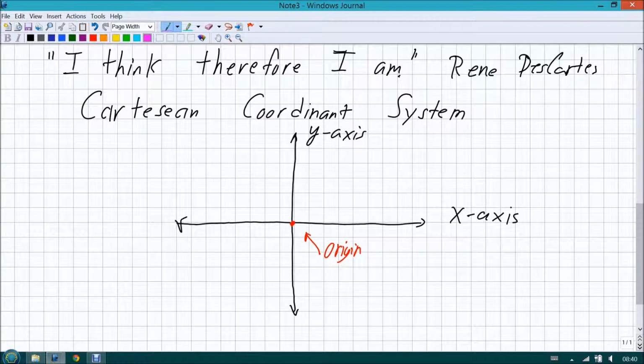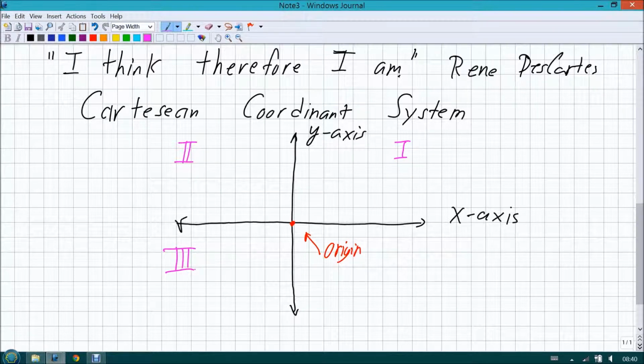Kind of like in Star Trek, how you would have things like the Alpha Quadrant, etc. Well, so too do we have quadrants with the Cartesian coordinate system. Except instead of calling them the Alpha Quadrant, which is really Greek, we're going to call them quadrants 1, 2, 3.